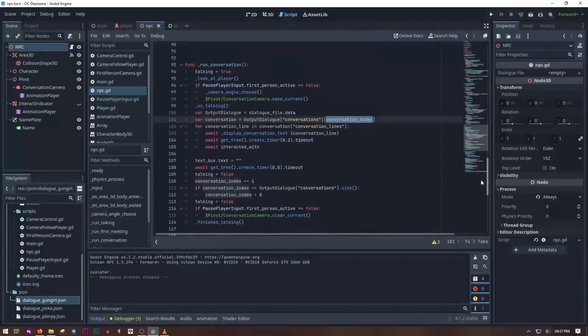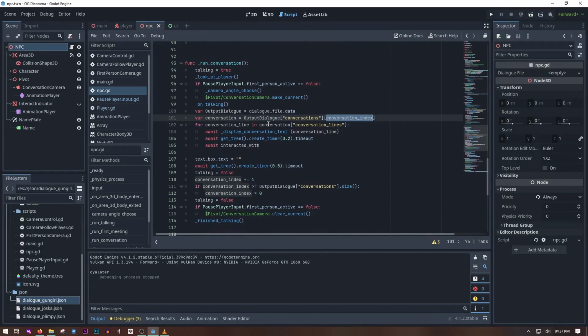Starts at 0. So it's called conversations because in the JSON file that's exactly what I've labeled it as, conversations. So it's looking in the data for conversations and then giving it the index, checking the index. I don't know what the square brackets are doing.